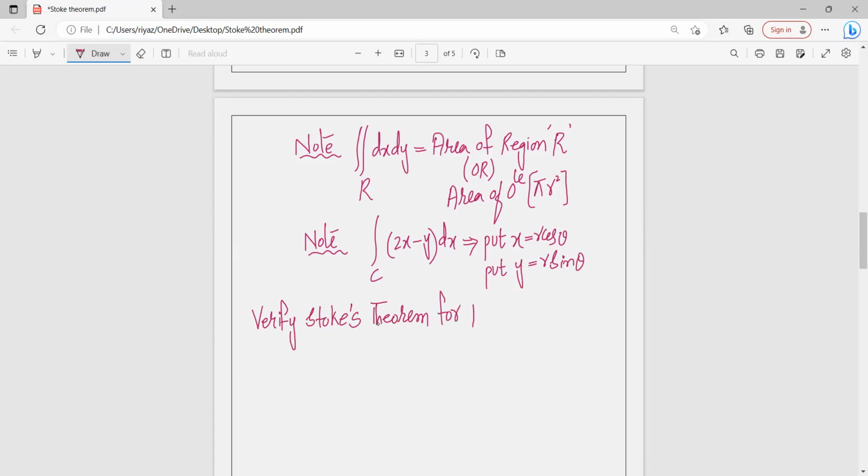Here, do not worry: F is equal to (2x minus y) i cap, minus y z squared j cap, minus y squared z k cap.